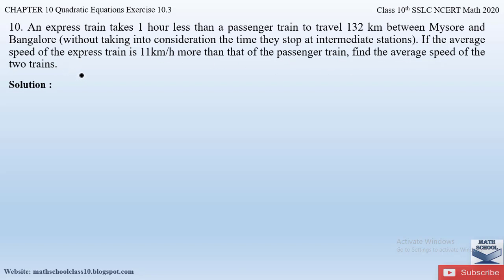So we have to let values which we have to find out. Since we have to find the average speed of the express train and the passenger train, let us assume the speed of the passenger train to be x. Then the speed of the express train will be 11 kilometers per hour more. Let the speed of the passenger train be x kilometers per hour.